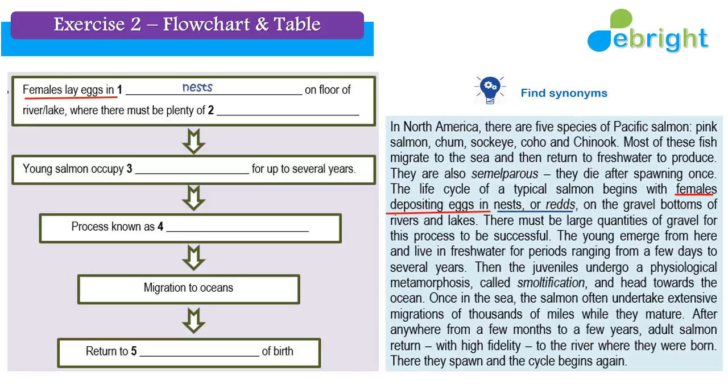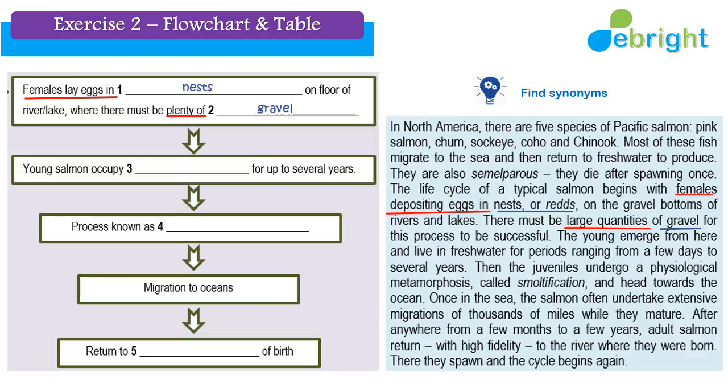While for number 2, where there must be plenty of, let's find the keywords. Plenty of is large quantities in the passage and in the question. And then the correct answer, gravel. Great. For number 2, one word only.